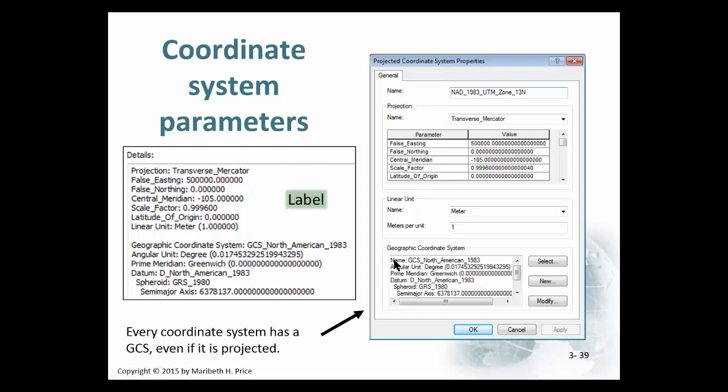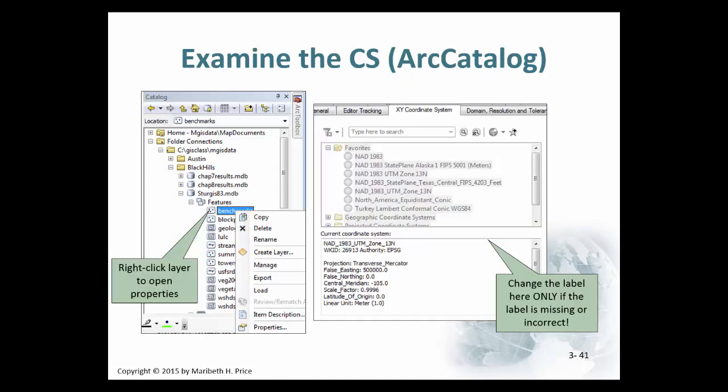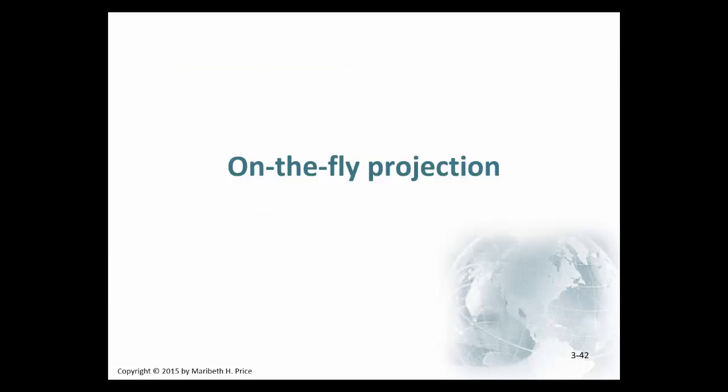Remember, every coordinate system has a geographic coordinate system, even if it's projected. In the Layer Properties dialog box, you can determine the coordinate system by looking at the Source tab. You can determine the coordinate system of a layer using ArcCatalog as well.